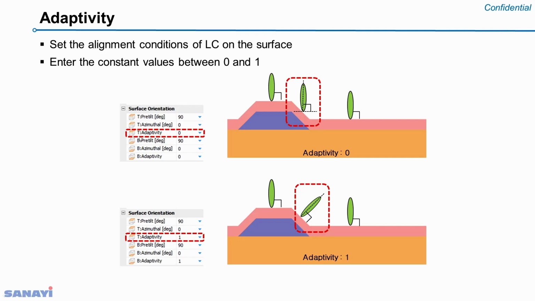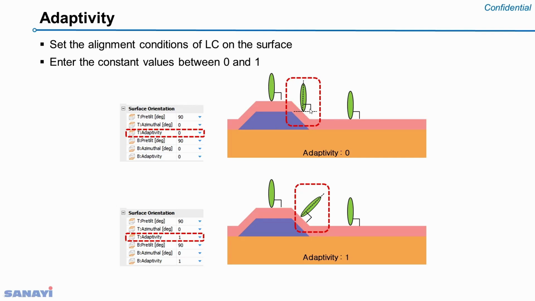And if you enter 0, the LC will be oriented according to the entered loading condition, regardless of the interface on the surface. For example, if I enter a pre-tilt angle of 90 degrees and adaptivity is 0, the LC will be oriented like this.